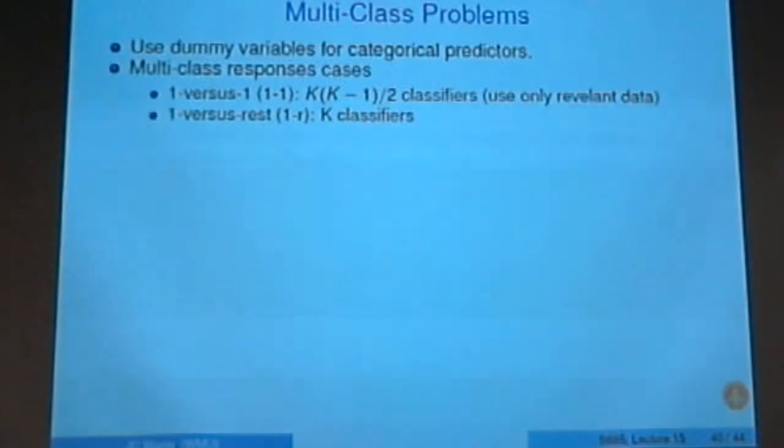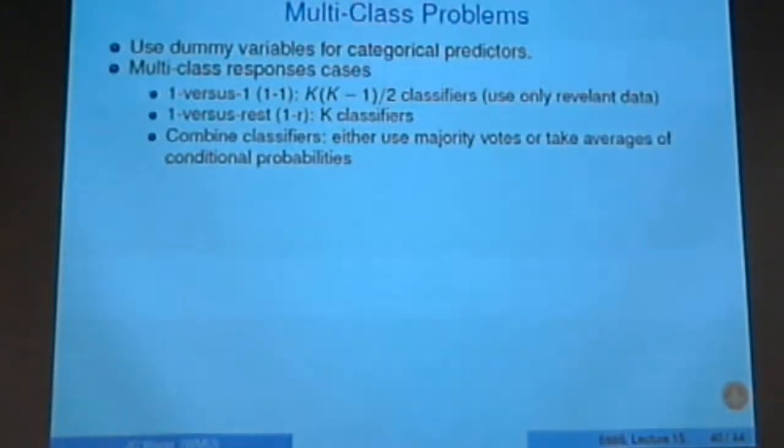You can do one versus the rest. Basically, it comes up with k classifiers. One versus the rest means you consider one class in particular, and then consider the rest combined as another class, and you do this for k classifiers. Either way, you then combine the classifiers, using majority votes, and you can predict the membership of the cases.